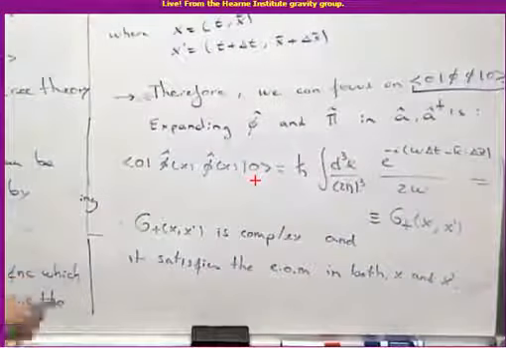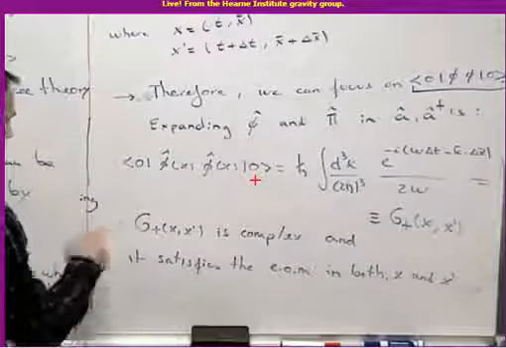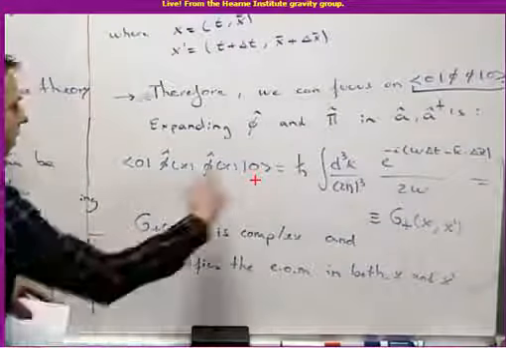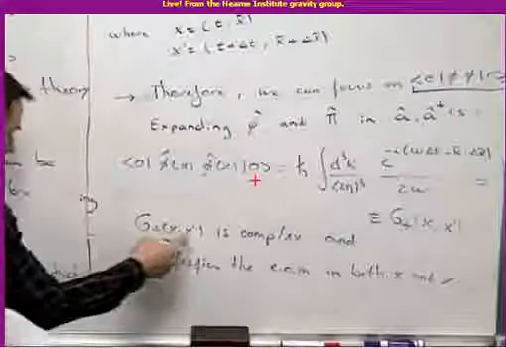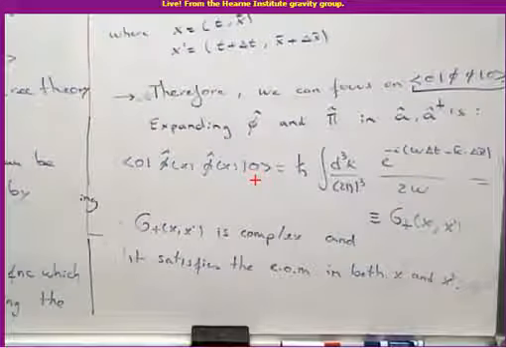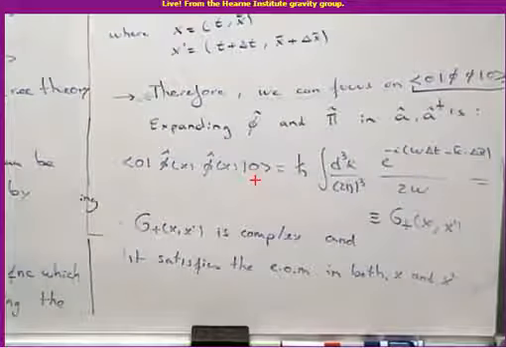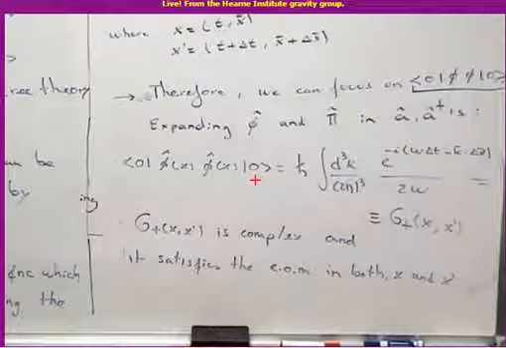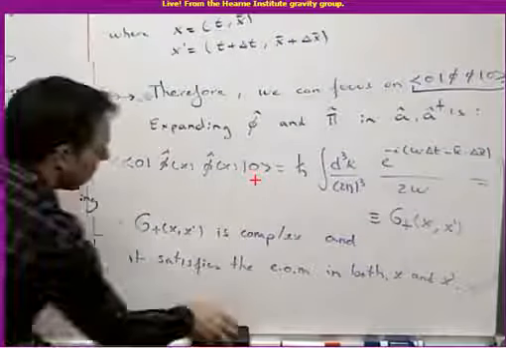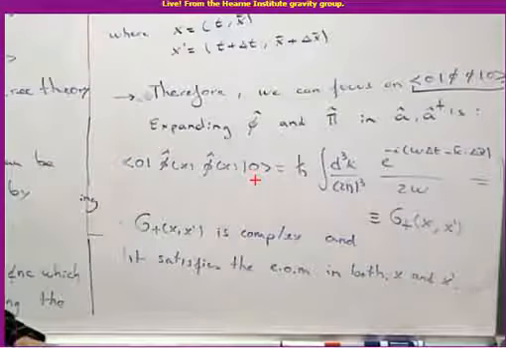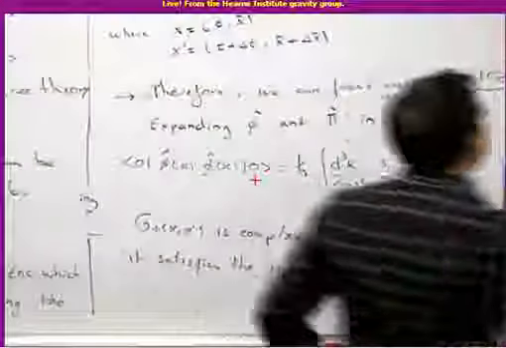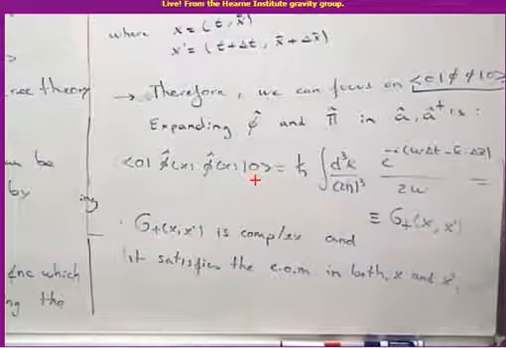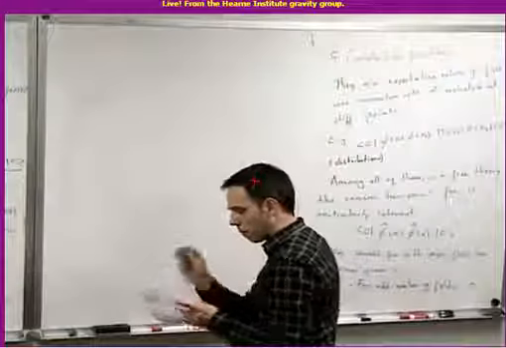So if you apply the Klein-Gordon operator, box plus mu squared, to this, it is 0 if you operate in x or in x prime. I am giving you some details on this because of the statement that I want to make right now.